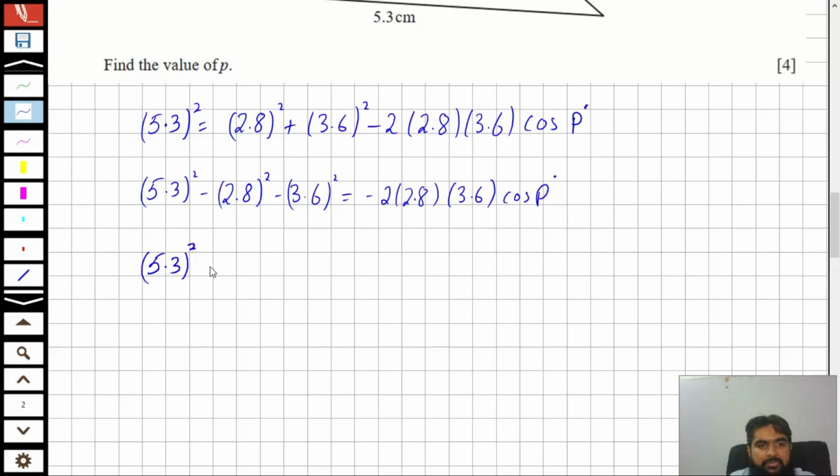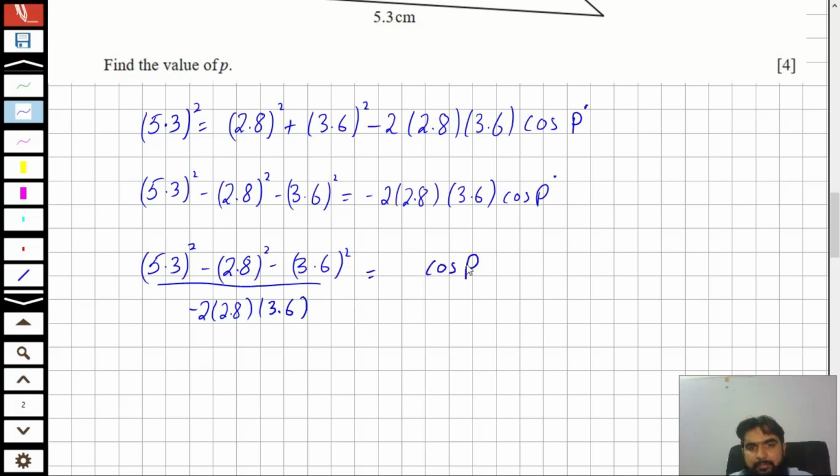So 5.3 square minus 2.8 square minus 3.6 square divided by minus 2 times 2.8 into 3.6 is equal to cos of P. Now I want to take the cos to the other side. When I take it to the other side, it will be cos inverse. Okay, now we have to find them.